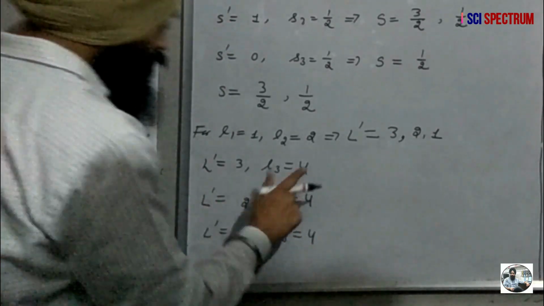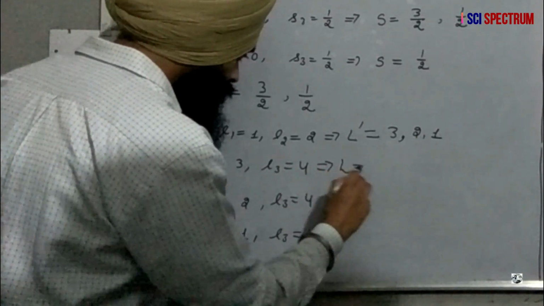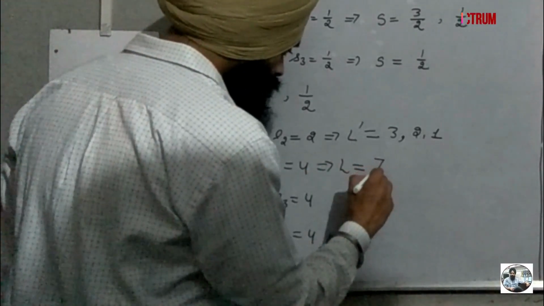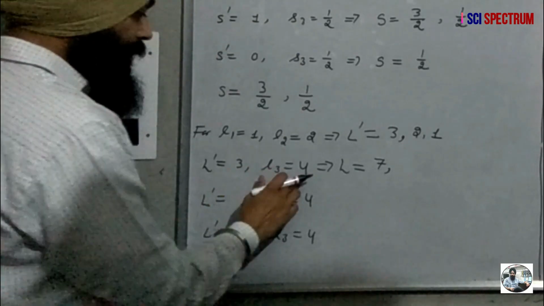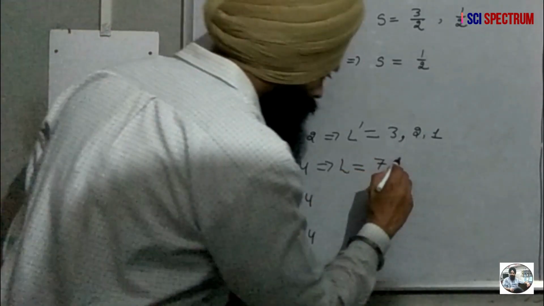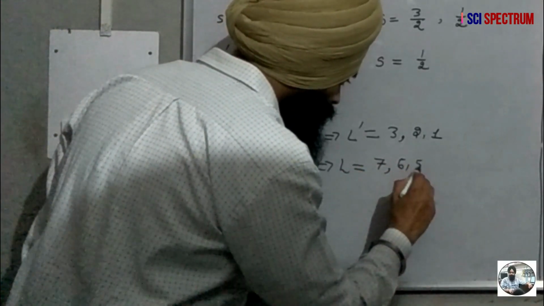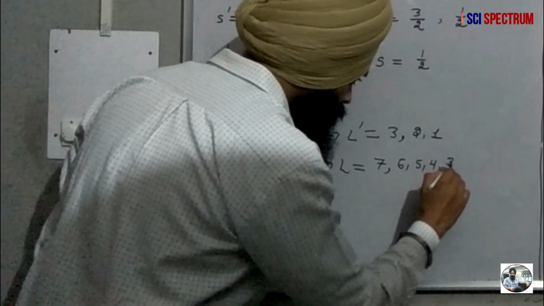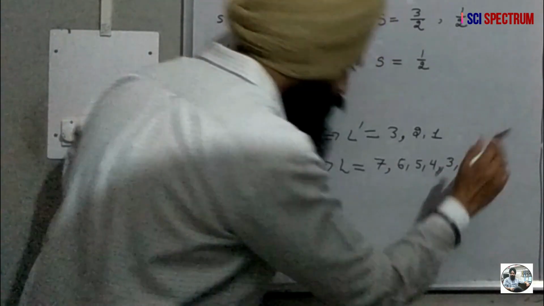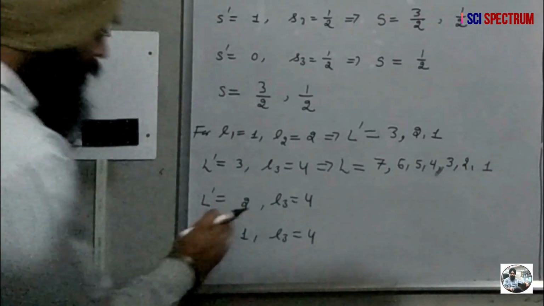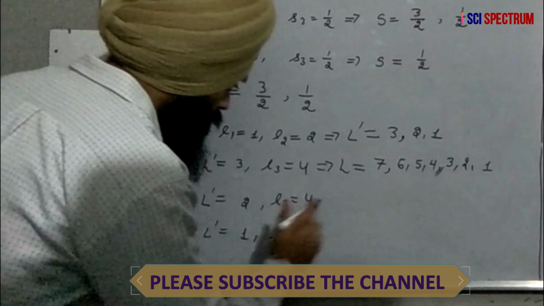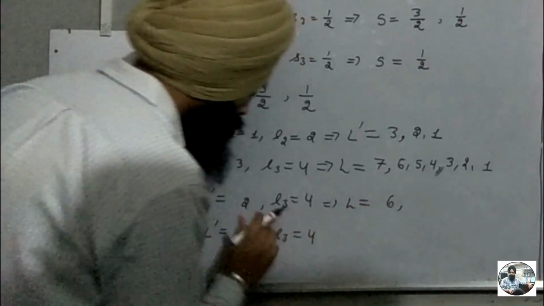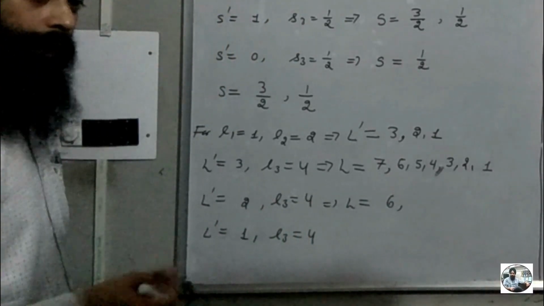By combining these two values, we receive the value of L equal to 3 plus 4, 7, 3 minus 4 mod 1: 7, 6, 5, 4, 3, 2, 1. For 2 and 4, 2 plus 4, 6, 2 minus 4 mod is 2.